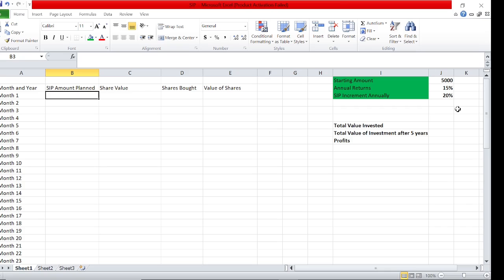So first of all, in the first month, your SIP amount will be equal to the starting amount which you have planned. Say you start at 5,000. I'm going to assume for the first year, up to month 12, you're going to invest the same amount. I'm just dragging this down.